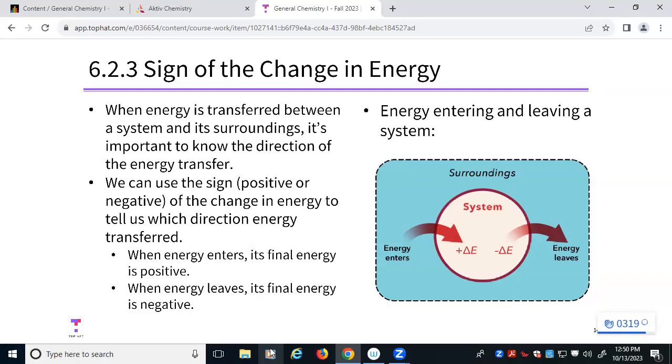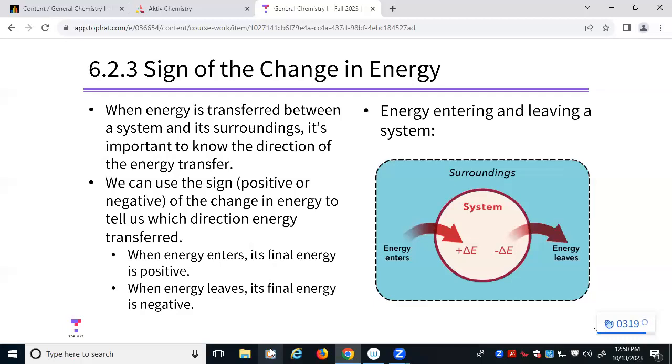Positive means an input of energy into the system. Energy is coming into the system in some kind of way. The overall energy of the system is increased. That's what it means when we have a positive sign. When we have a negative sign, that means that energy is leaving the system. It could be in the form of heat, it could be in the form of light, sound, whatever.